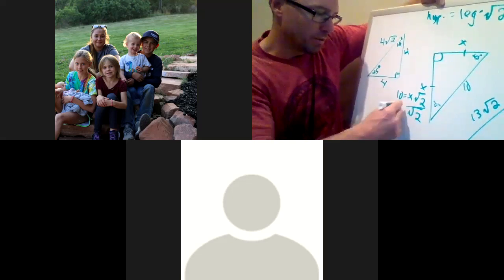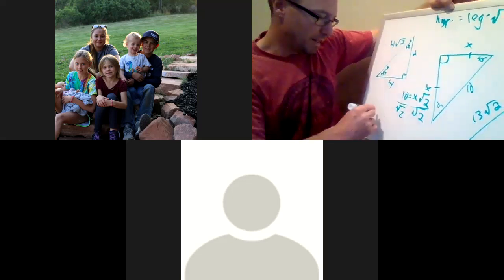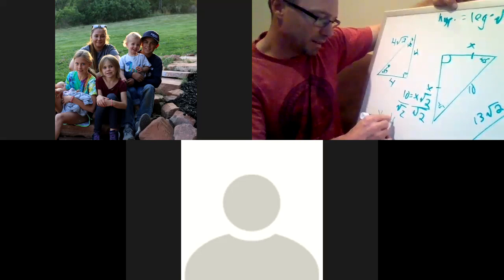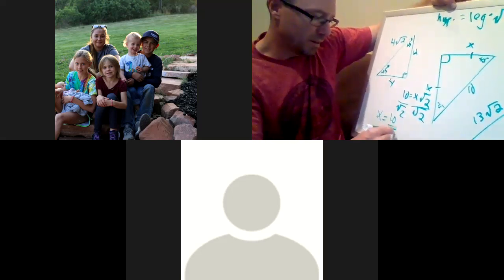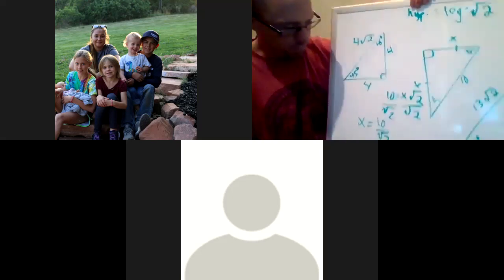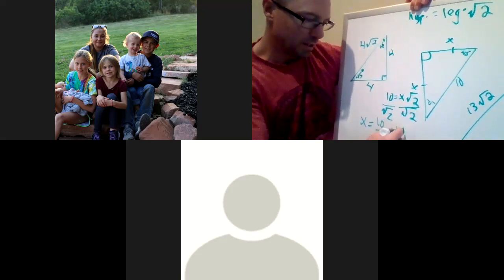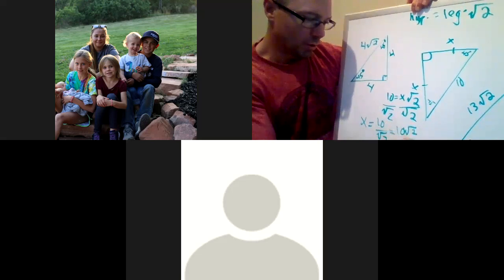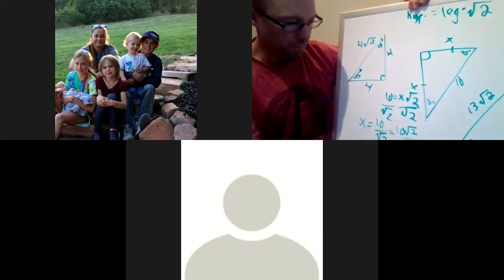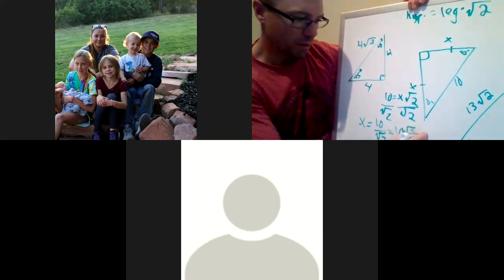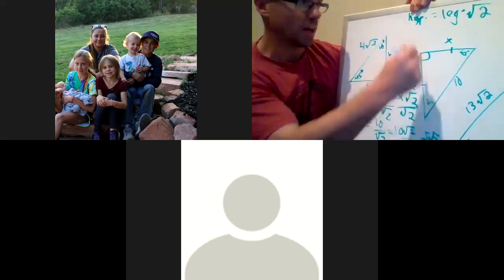Divide by root 2, divide by root 2, and I get this weird thing, 10 over root 2. Can't have that, so we have to turn it into 10 root 2 over 2, which gives us 5 root 2.